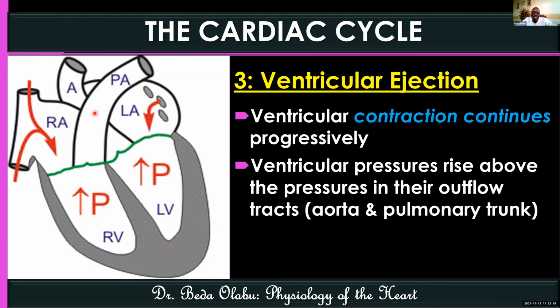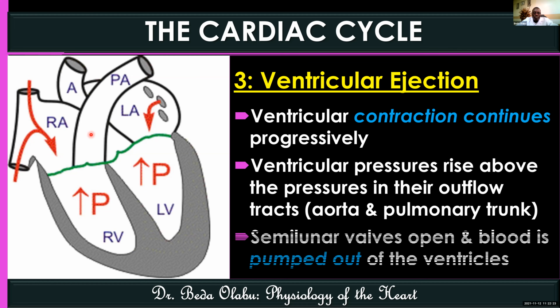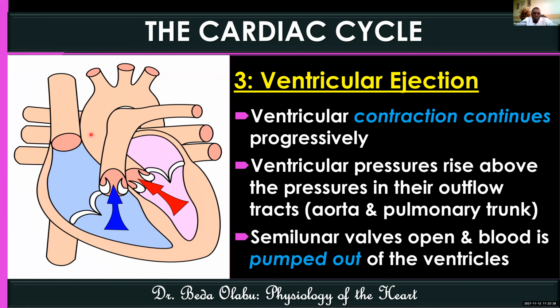And that is why you call it ventricular ejection. It may surprise you that that is the only time that blood actually leaves the heart chambers to go outside. In all the phases, 5, 6, that we are going to describe, that is the only time that blood leaves the heart to go to the circulation.